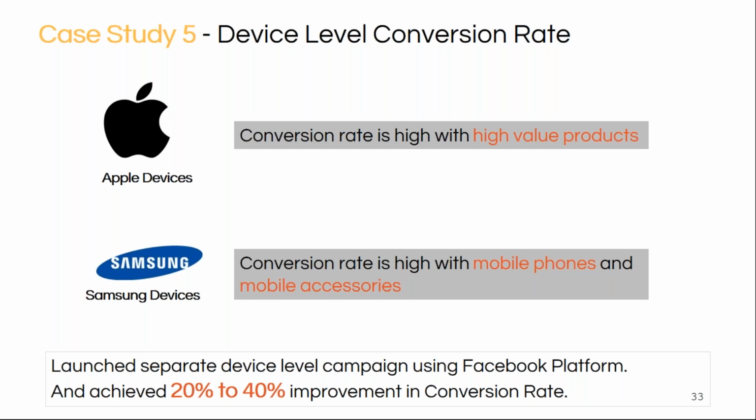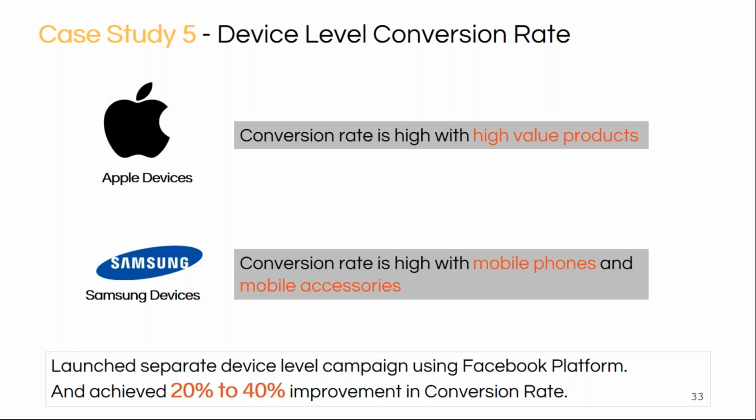We understood this behavior by segmenting visitors by device and understanding the products. With this insight, we launched a campaign through Facebook, because Facebook allows us to run campaigns based on the user device, iPhone or Samsung. So we launched campaigns and matched the correct product.